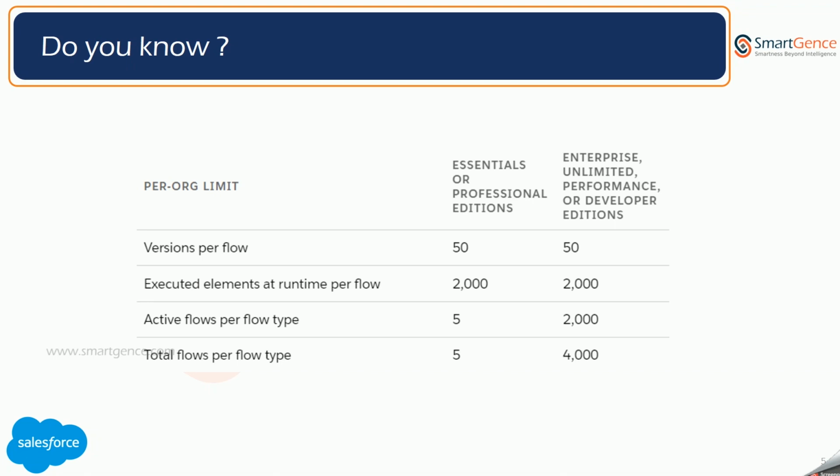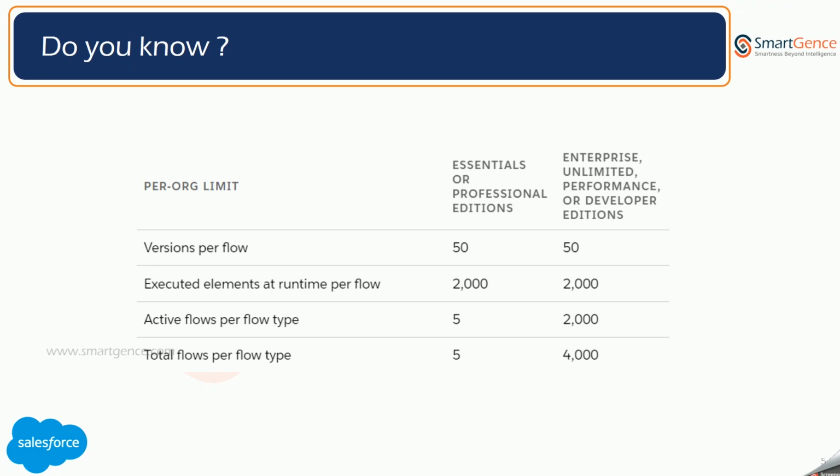The maximum number of executable elements at runtime per flow is 2000 irrespective of the edition of Salesforce. The maximum number of active flows per flow type is 5 in case of Essentials or Professional editions, whereas it is 2000 in case of Enterprise, Unlimited, Performance or Developer editions. Similarly, total flows, both active and inactive, per flow type is 5 and 4000 based on the edition, as you could see over here.